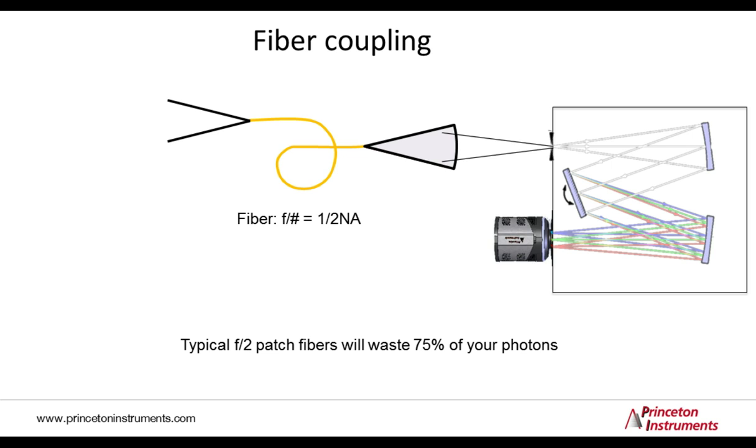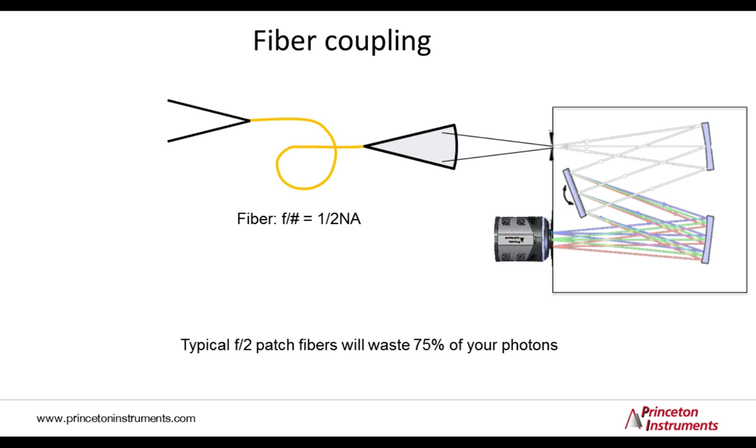The F number is related to the NA, as F number equals 1 over 2 times the numerical aperture. A very common value for fibers is F/2, and so in the image here, it's an F/2 fiber that's about to be connected to an F/4 spectrograph.